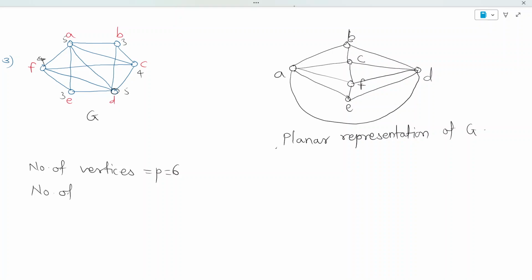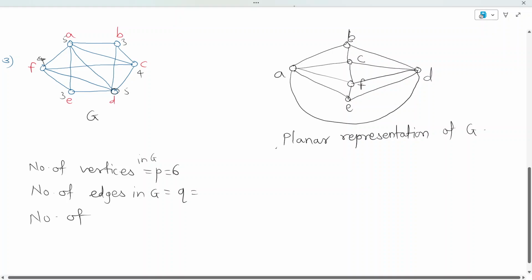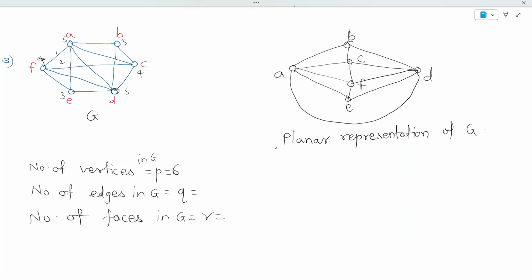Number of edges in G is equal to Q and number of faces in G is equal to R. So I am counting the number of edges: 1, 2, 3, 4, 5, 6, 7, 8, 9, 10, 11, 12. So here there are 12 edges in graph G.